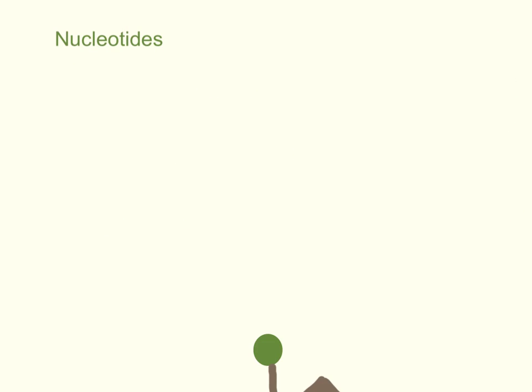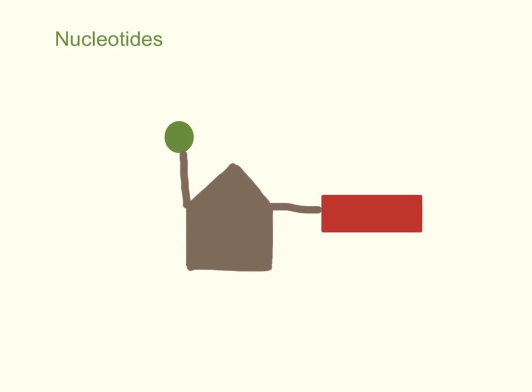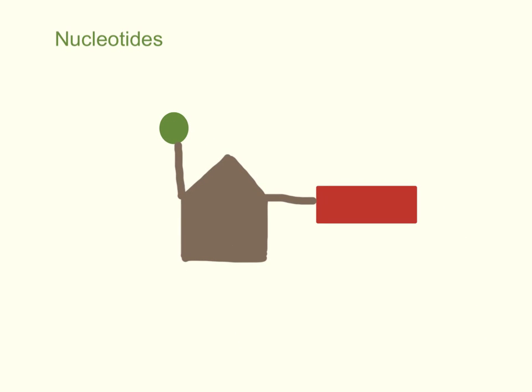So now we're going to look a little bit closer at the structure of our DNA molecule. The DNA molecule is made up of monomers, and those monomers are referred to as nucleotides. A typical nucleotide is going to have three major parts.